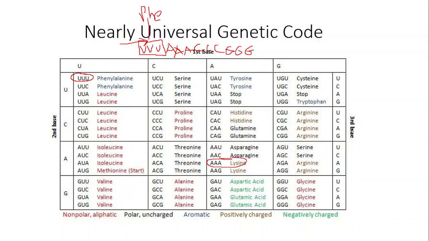We'll look down here on our chart, our code reader, and we end up with lysine. So for that one, we're going to make lysine, and then we have CCC. I have to find CCC. Where is that? Right here. So we've got proline. CCC is going to make proline. And then we end up here with GGG, which is glycine. So we're going to have GLY, glycine.